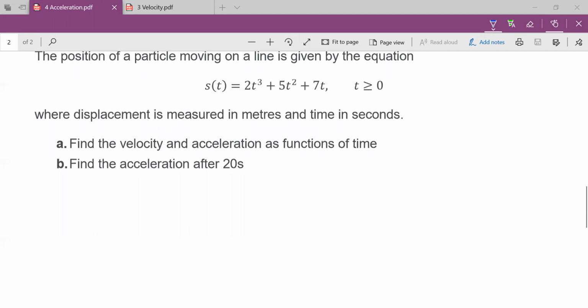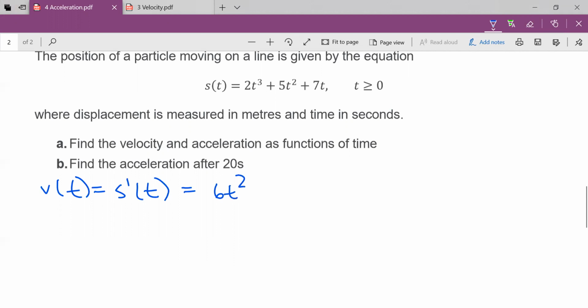Kind of makes sense. So the position of a particle moving on a line is s at t, and here's a cubic function where displacement is measured in meters and seconds. In part A we're going to find the velocity and the acceleration. Just remember that velocity is the derivative, the instantaneous rate of change of our position function with respect to t.